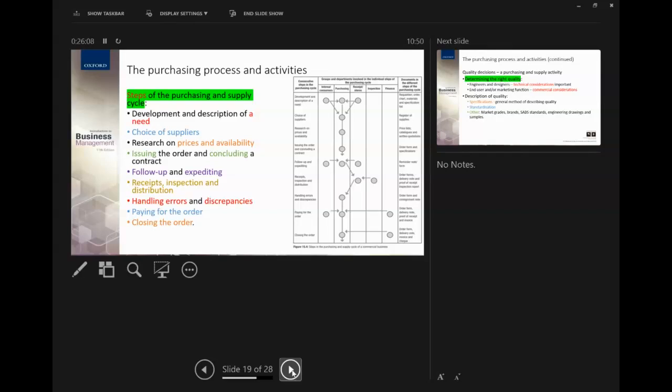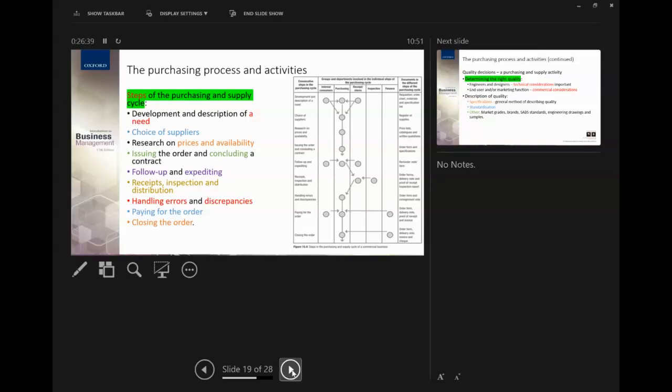Issuing the order and concluding a contract. Then we need to follow up: when are these things being delivered, and how? If there's a delay, we need to expedite. Then receipt, inspection, and distribution. Upon arrival of the goods, we need to inspect them. Then handling errors. If things are not as they should be, how are they going to handle them?